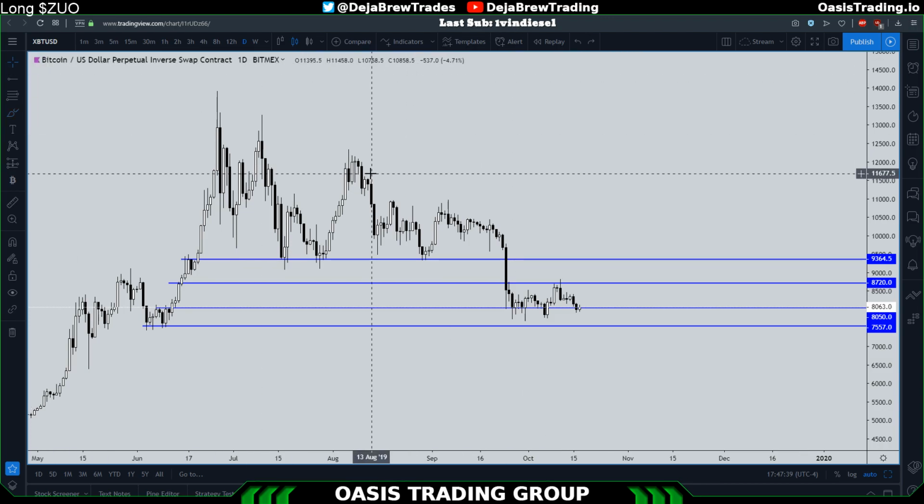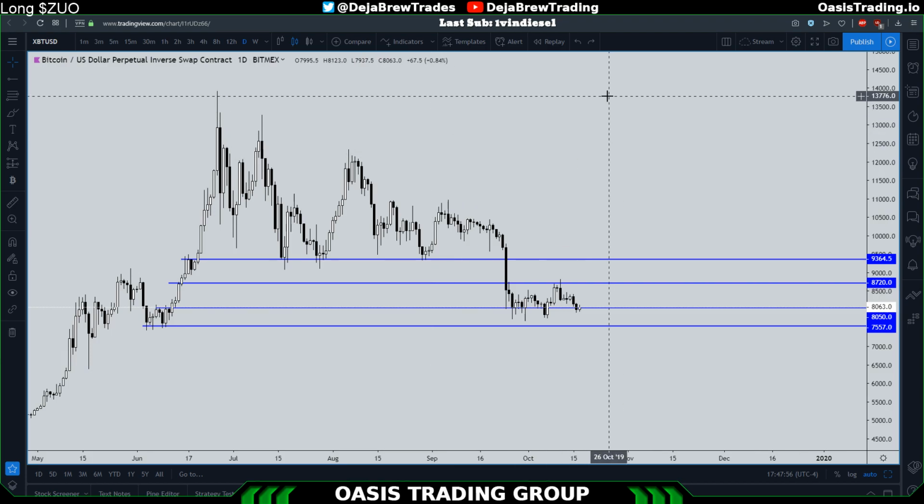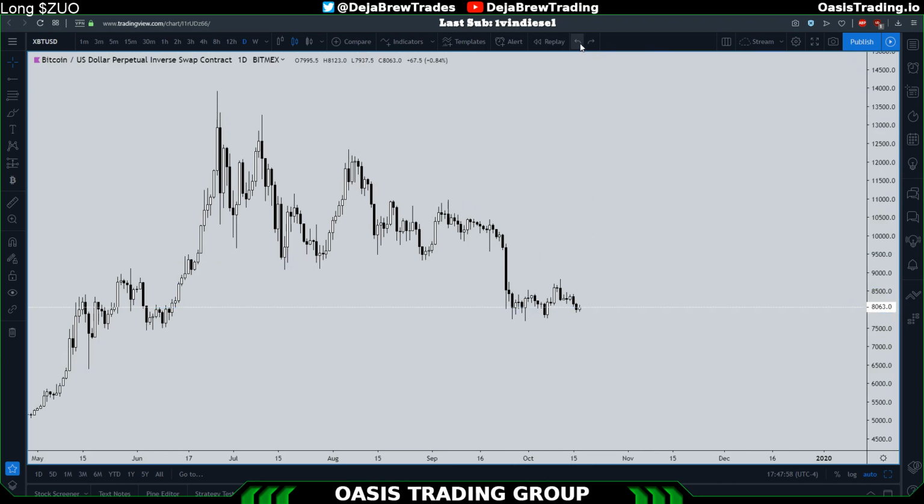Because your normal size compared to your first entry on a martingale is going to have an 8x difference, because 0.5 times 8 becomes 4x leverage. So you're going to have an 8x size difference on that support bounce. So that is the massive con in martingaling if you're right.